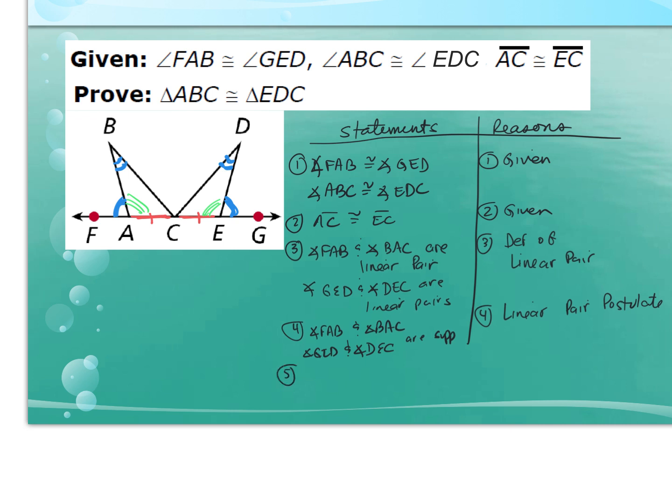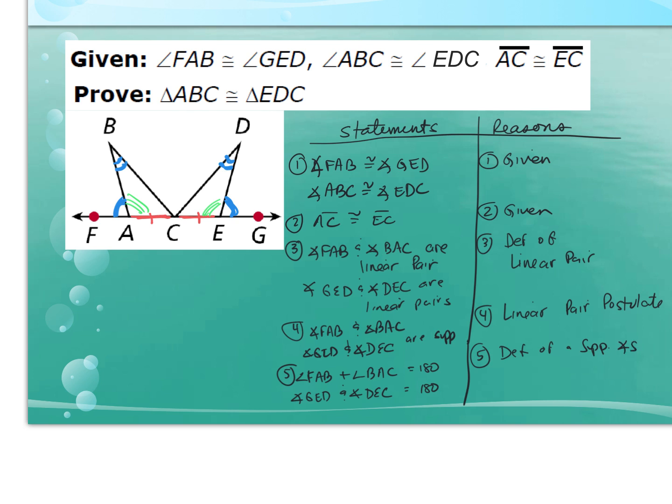From there, I know that angle FAB plus angle BAC equals 180 degrees, and angle GED and angle DEC also equal 180 degrees. Again, this is the definition of supplementary angles.